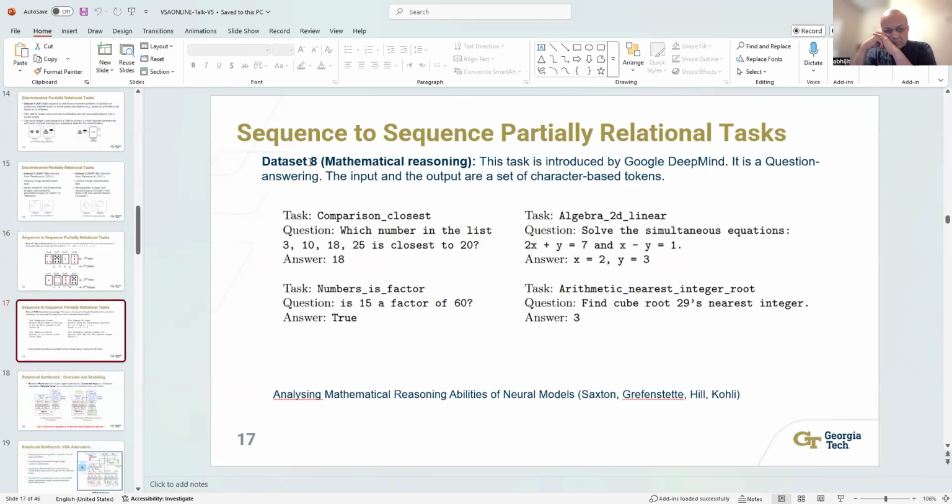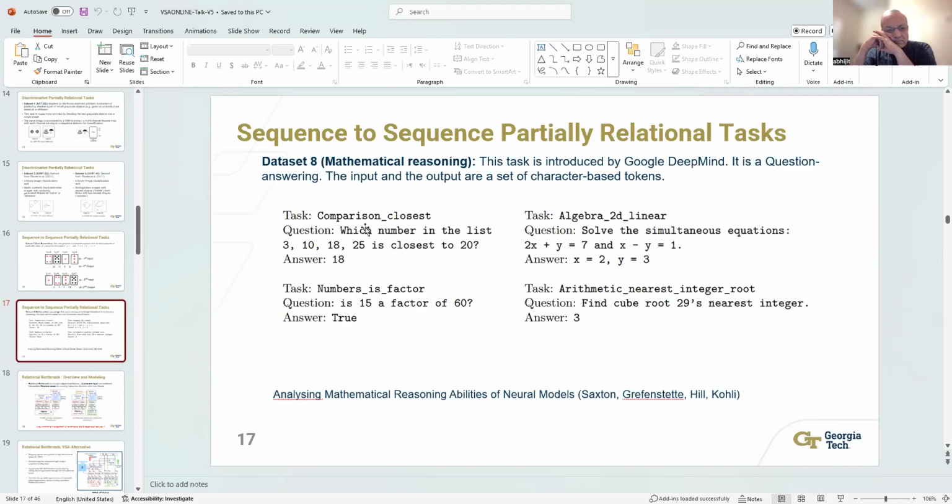The next data set is also a sequence-to-sequence partially relational task, and it is based on text, not images. This is mathematical reasoning, and it was introduced by Google DeepMind. So the idea is to have a question, and you need to give the answer to this question.